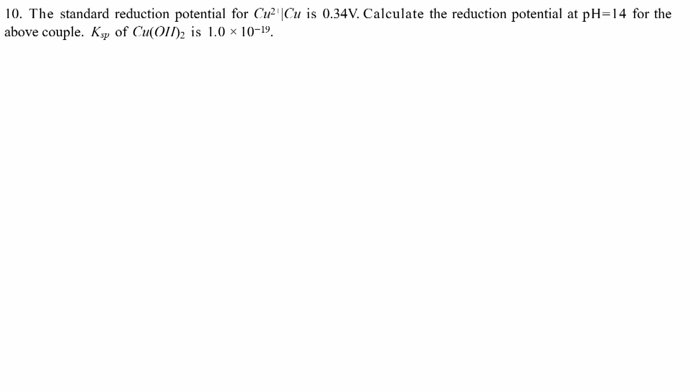So for pH equals 14, we write minus log concentration of H+ is 14. So we get concentration of H+ is 10 to the minus 14.